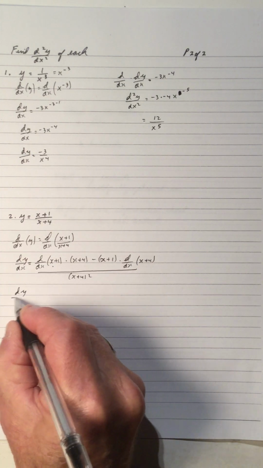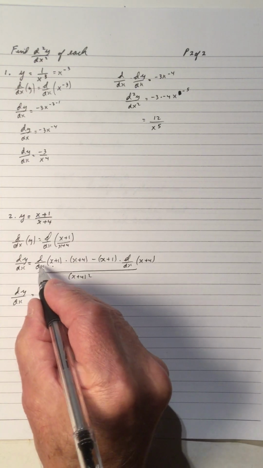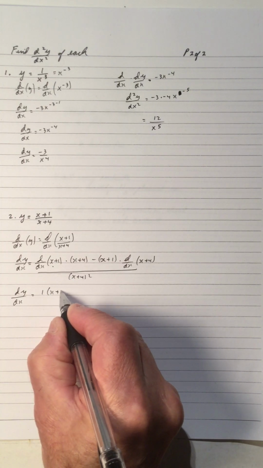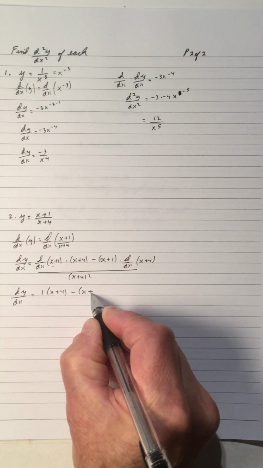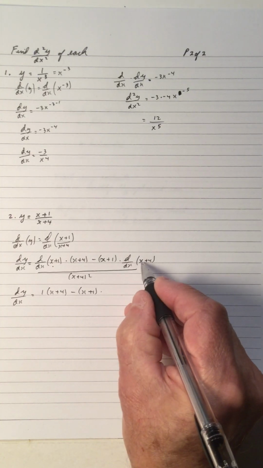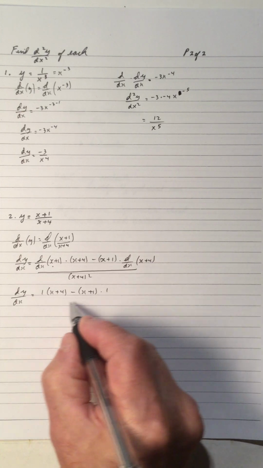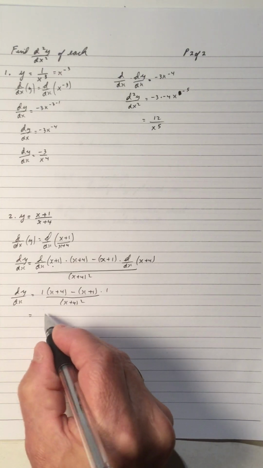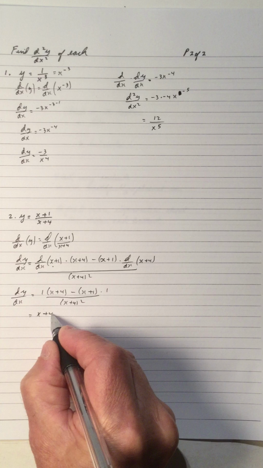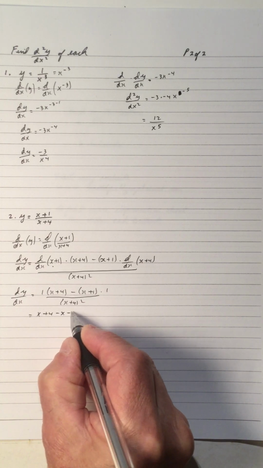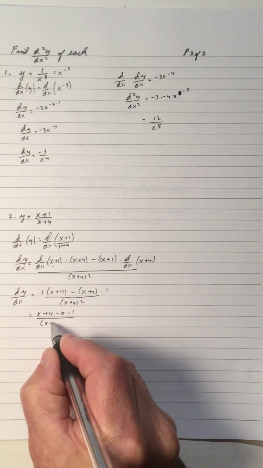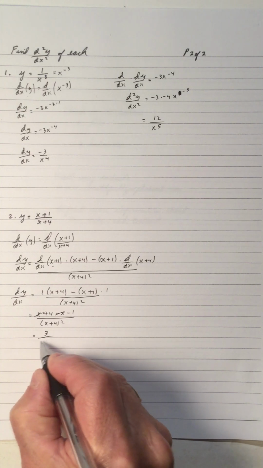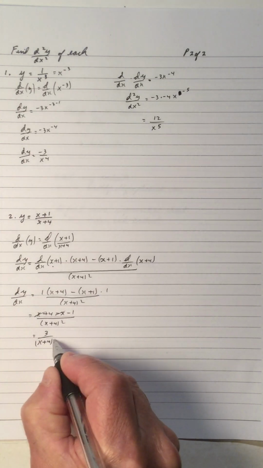So dy dx, and the derivative of x plus 1 in terms of x is 1, minus f times the derivative of g, the derivative of x plus 4 is 1, all over x plus 4 squared. So that gives us x plus 4 minus x minus 1 all over x plus 4 squared. The x's cancel out, so we get 3 all over x plus 4 squared.